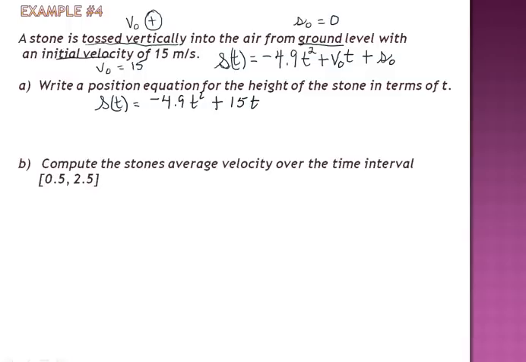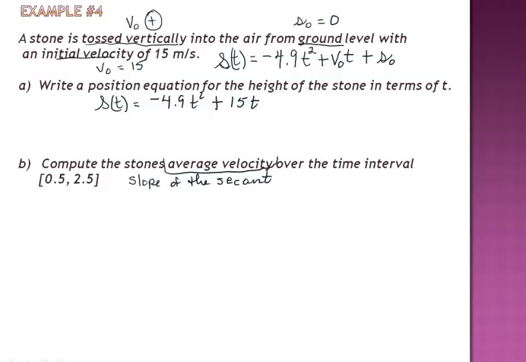Part B, they want us to compute the stone's average velocity over the time interval 0.5 to 2.5. So when we see the words average velocity, we want to coordinate that with slope of the secant, because average is average rate of change.